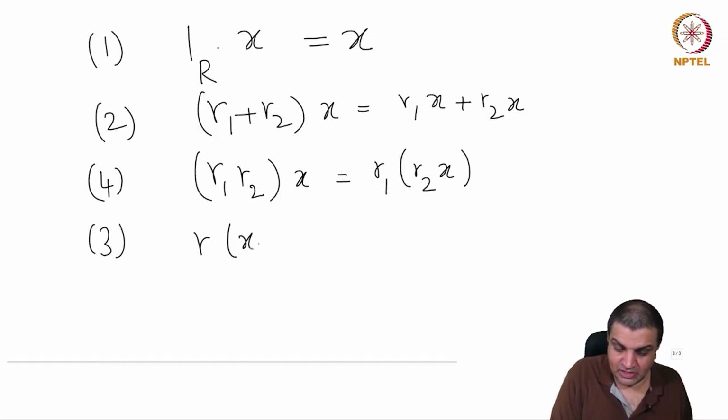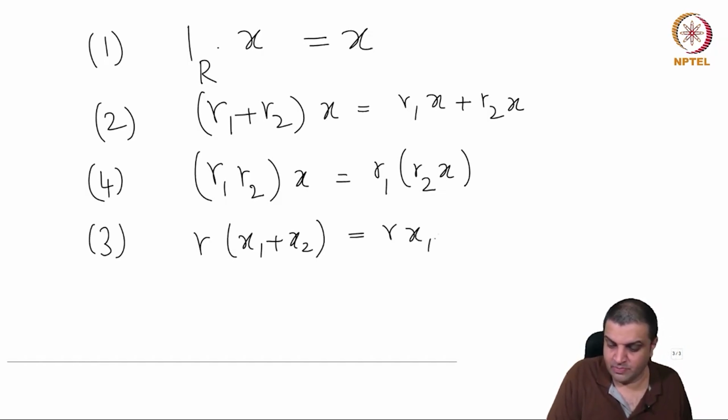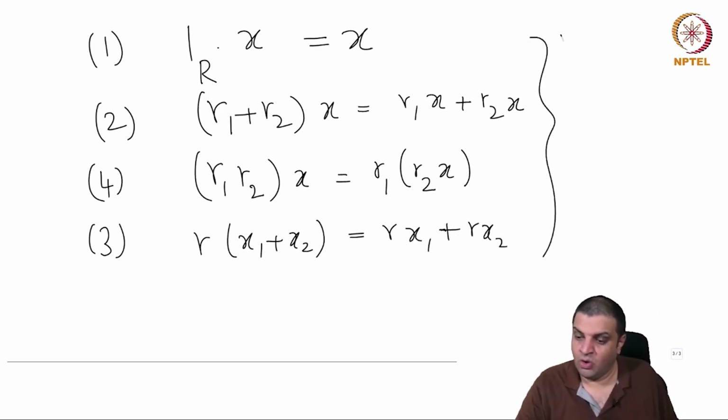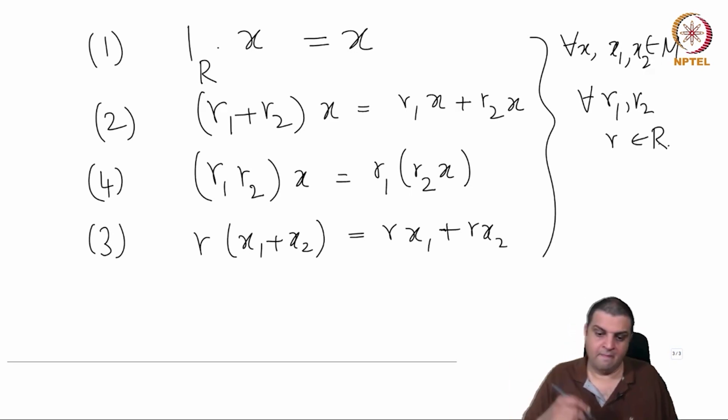Four: r times (x1 plus x2) is r x1 plus r x2. This is for all x, x1, x2 in M, and for all r1, r2, r in R.